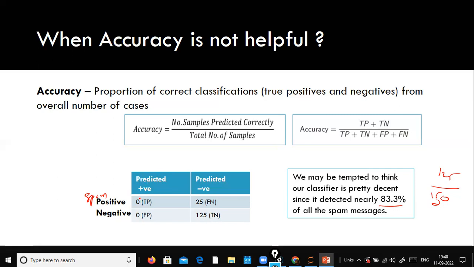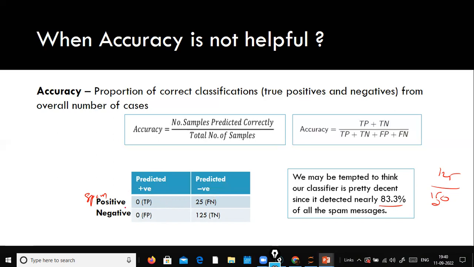Here it says 0. That means, can I say I don't have any spam email? But when you look at this column, 25 emails are actually spam, but my model wrongly predicted them as non-spam. Actually, this value is supposed to be here.